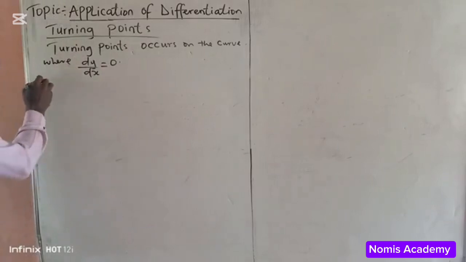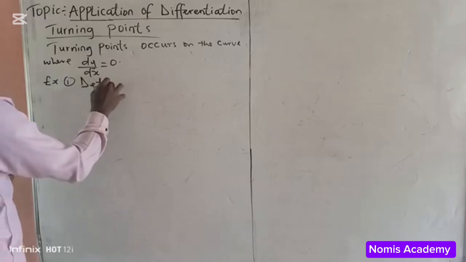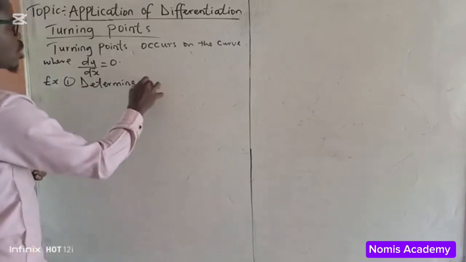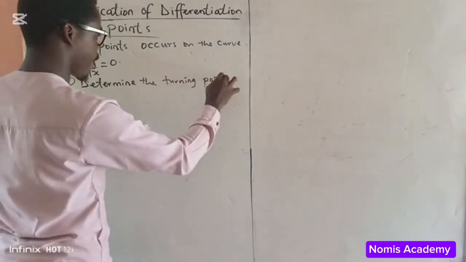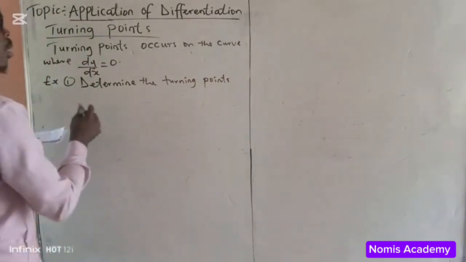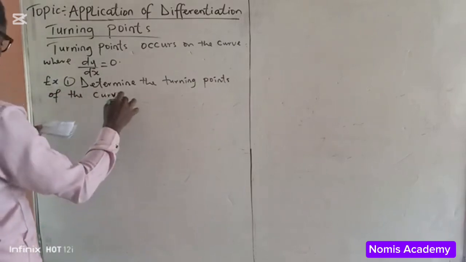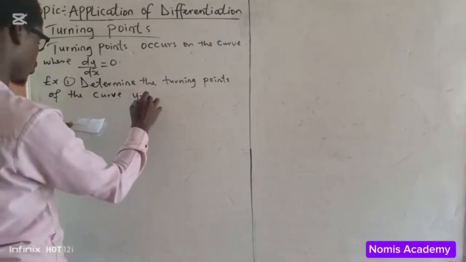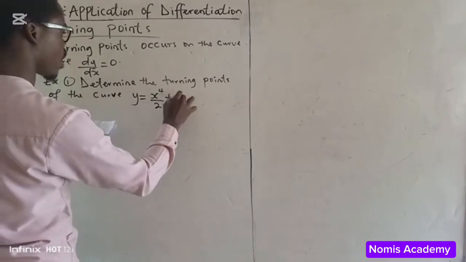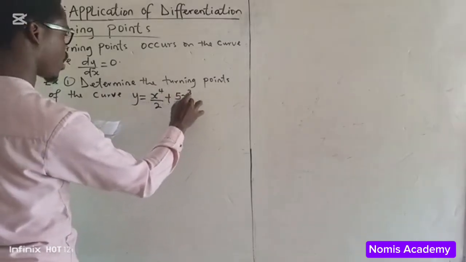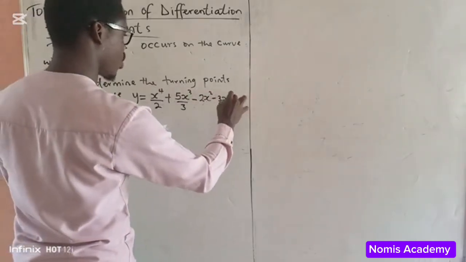Now let's pick the first example. Example 1. Determine the turning points of the curve y equals x to the power 4 over 2 plus 5x to the power 3 over 3 minus 2x squared minus 3x plus 1.